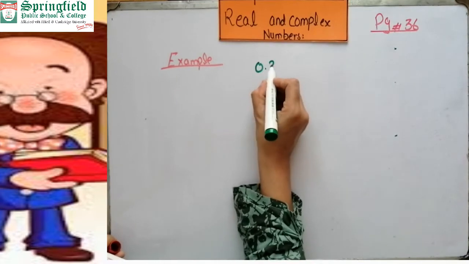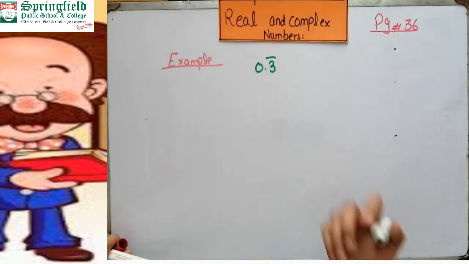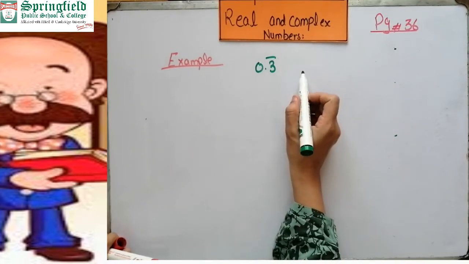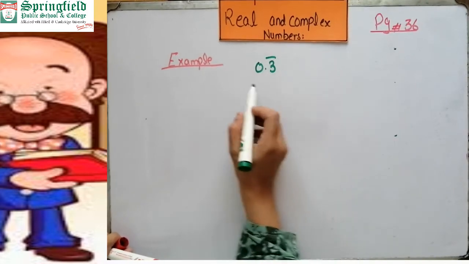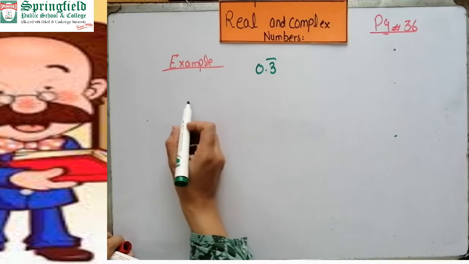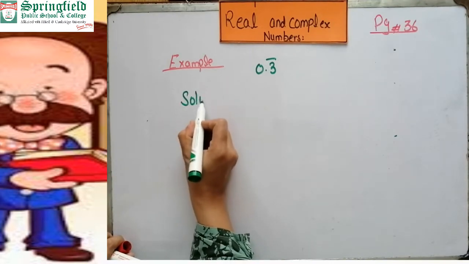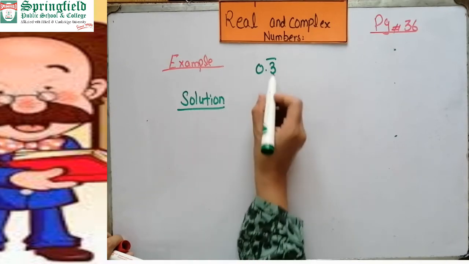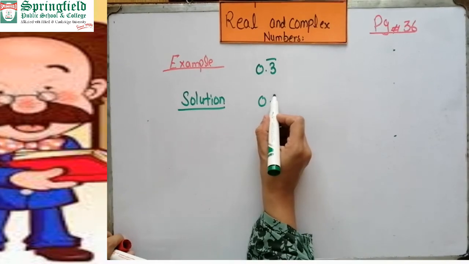So 0.3 is a number. How can we represent this number in the p by q form or rational form? So beta, keep in mind the solution. Okay, 0.3.